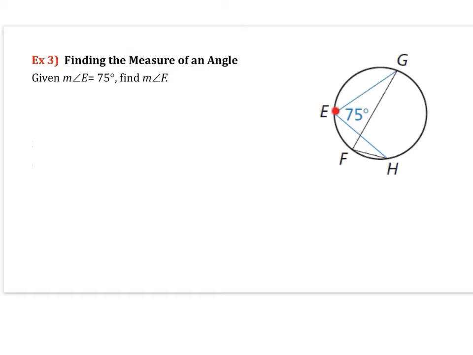Angle E's sides, if you trace them, hit at G and H. So the intercepted arc is GH for angle E. Let's follow angle F's sides going to G and H. So that means these two inscribed angles intercept the same arc GH. So what can we conclude about angle F? It's equal to angle E, therefore 75 degrees.